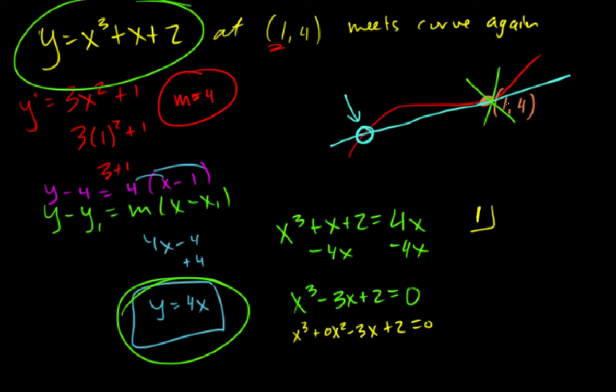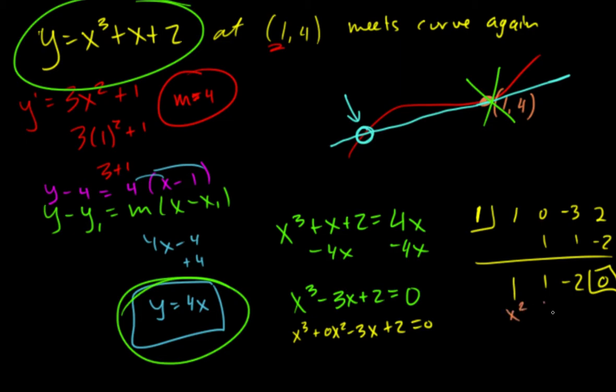So 1 is a root, because we know it's going to be divisible by that. Then I write the coefficients here, so 1, 0, negative 3, 2. Bring down the 1, multiply, 1, multiply, negative 2, multiply, negative 2, 0. Remainder is 0, so that's good.